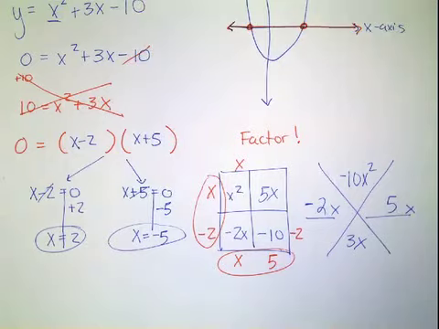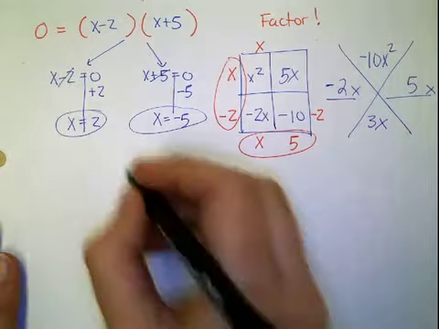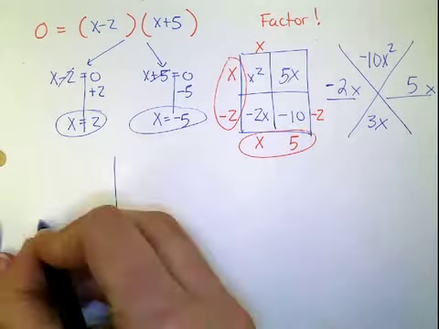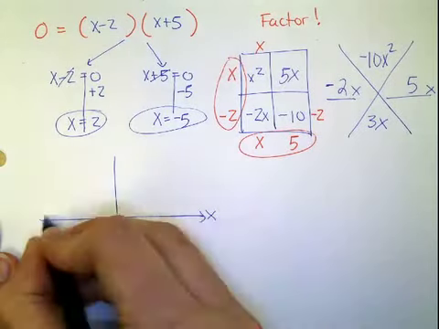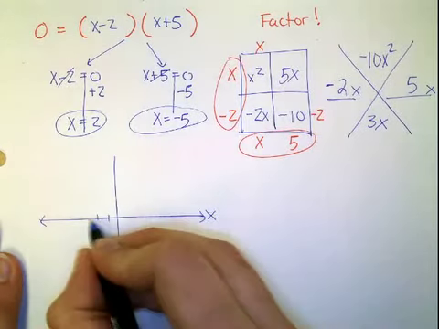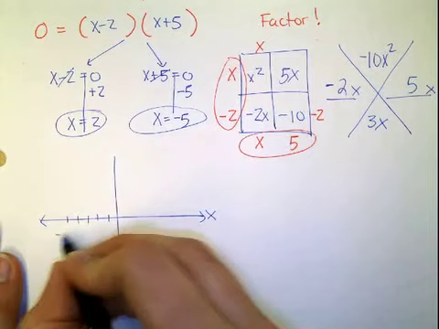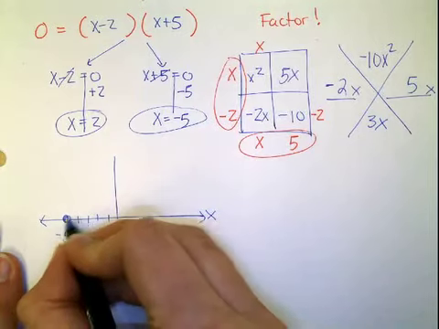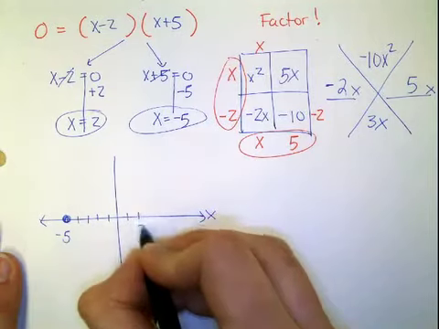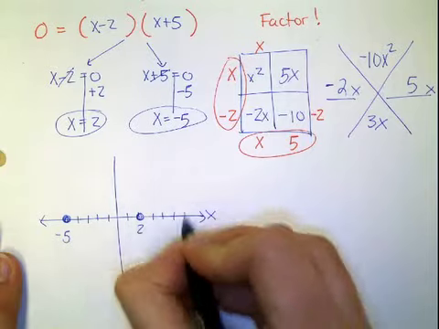And basically what that tells me is on my graph, I know where my roots are. So remember we were drawing this parabola earlier. I'm going to draw it again. Now I know on the x-axis at 1, 2, 3, 4, 5, negative 5, there's a root. And at 1, 2, there's another root.